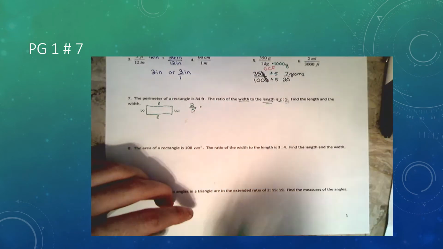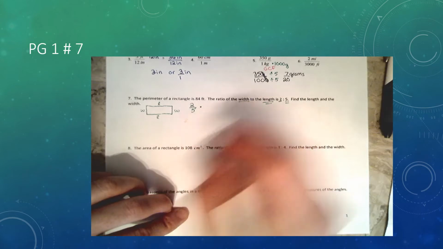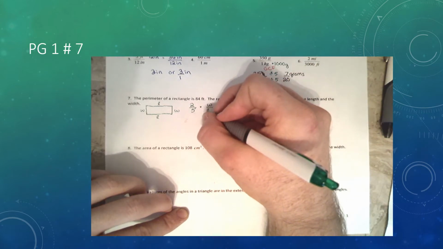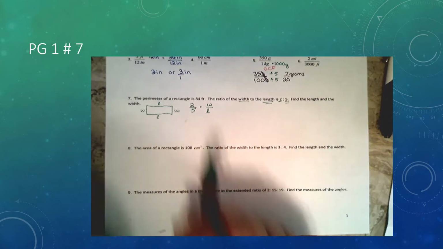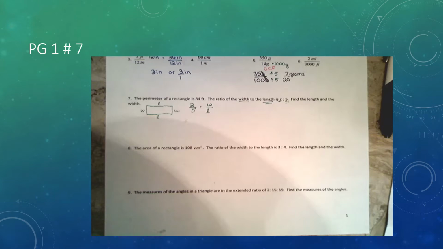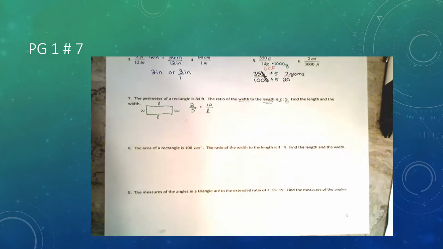So 2 again goes with the width, length goes with the 5. The width's going to be smaller, the length's going to be bigger, and just like the way we drew it, that's what it looks like.